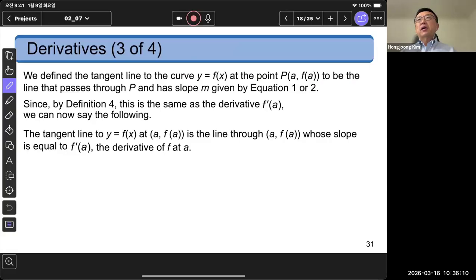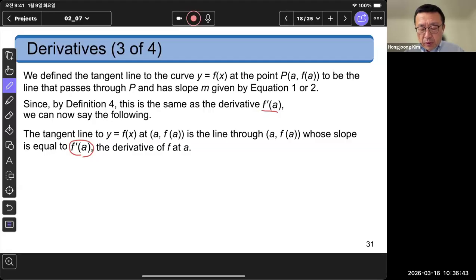So we define the tangent line to the curve at the point P to be the line that passes through P and has the slope m given by equation 1 or 2. And since this is the same as the derivative, which is denoted by f prime of a, we may say this f prime of a is the slope of the tangent line.